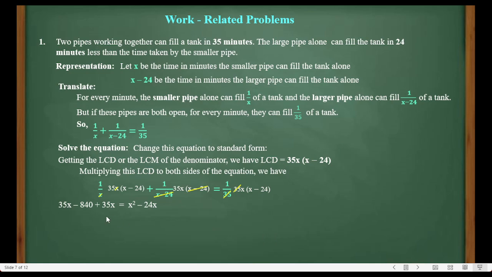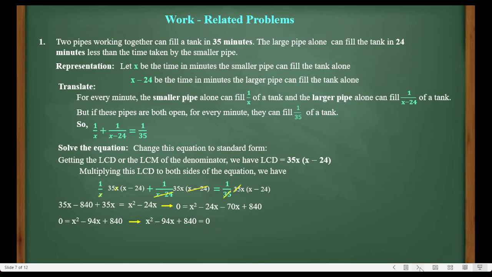So we combine similar terms and do some transposition of terms. Therefore, the equation is now transformed to standard form. And this is x squared minus 94x plus 840, a quadratic equation now in standard form.